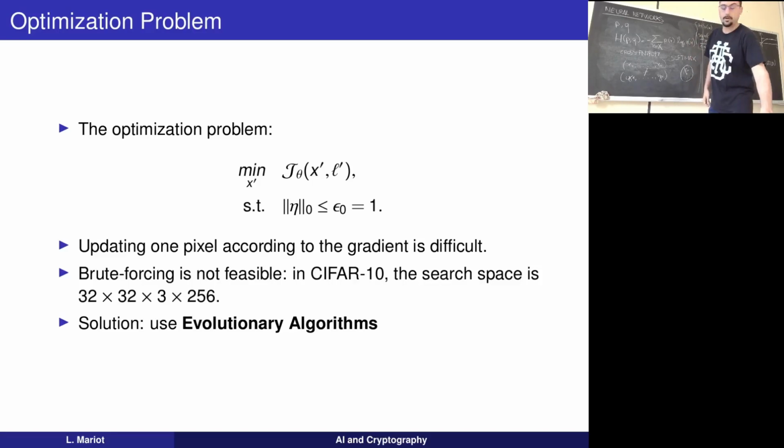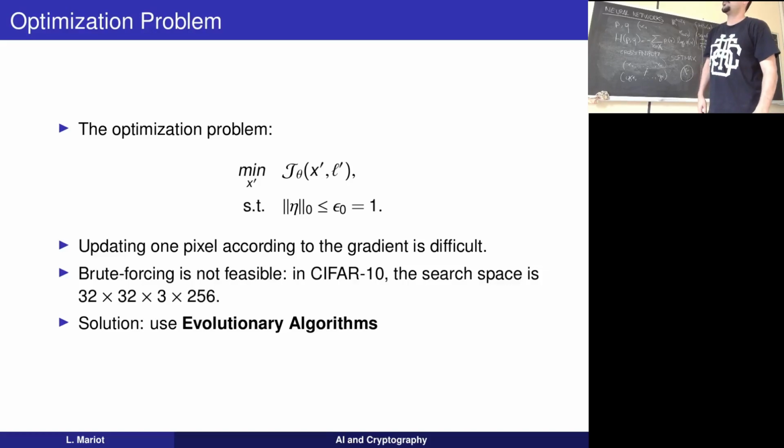So in total, we are dealing with a vector x1 up to x1024. So we are in the space R to the 1024, which is quite big. So basically, brute force is not possible here, and the solution is to use evolutionary algorithms.